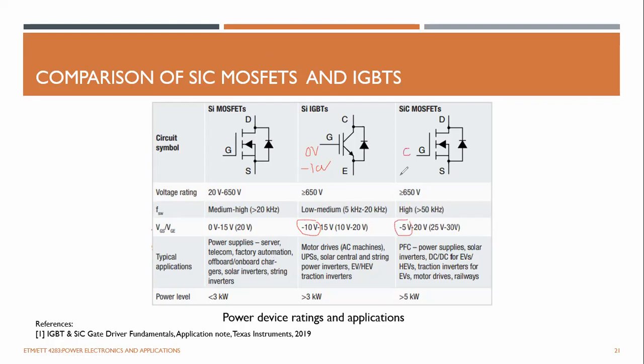You can still turn off the device with 0 volts, but it takes some time, so if you want to turn it off at a faster rate, you apply negative voltage rather than just using 0 volts. The power level of silicon carbide is higher than IGBTs. The applications are like this.